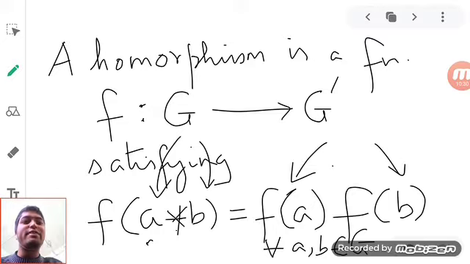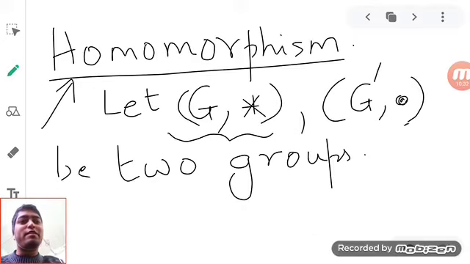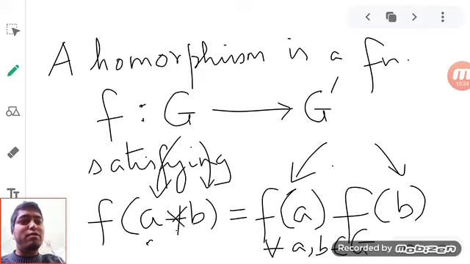So in between f(a) and f(b), it will be the operation of G dash, that is this O. So a homomorphism is just a function between two groups which satisfies f(a star b) equals f(a) o f(b) for all a and b belonging to G.